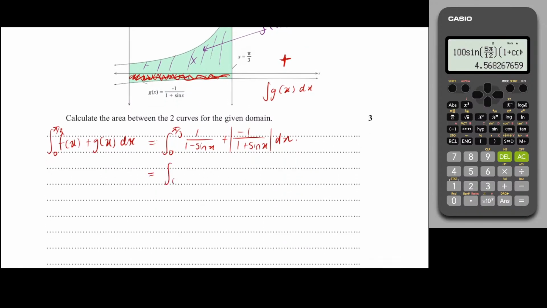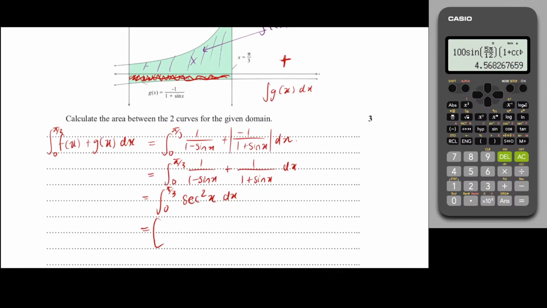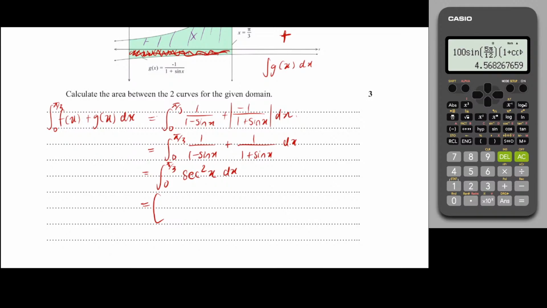So by doing that, that allows us to go to this, which gives us this, which gives us the integral of sec squared. If you're not sure what the integral of sec squared is, it's on your formula sheet.